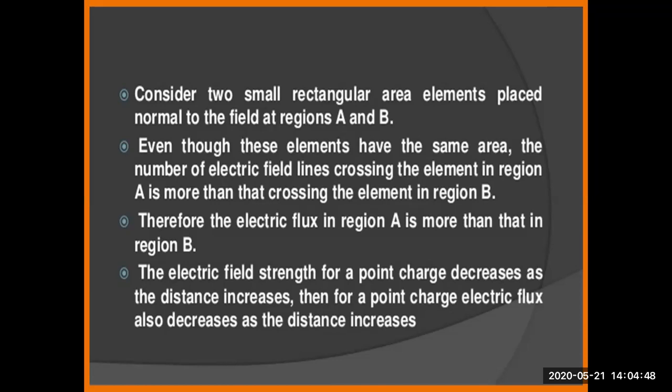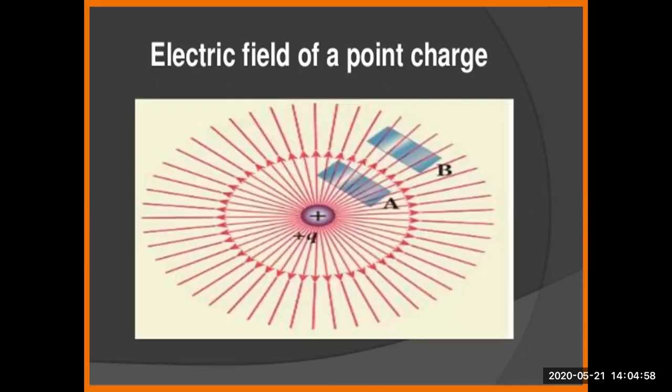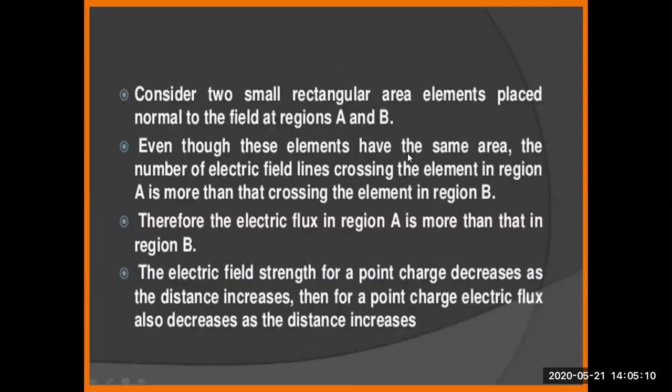So consider two small rectangular area elements placed normal to the field at regions A and B. Here you can see that this is area A and this is area B. That's why we are saying consider two small rectangular area elements placed normal to the field at regions A and B.